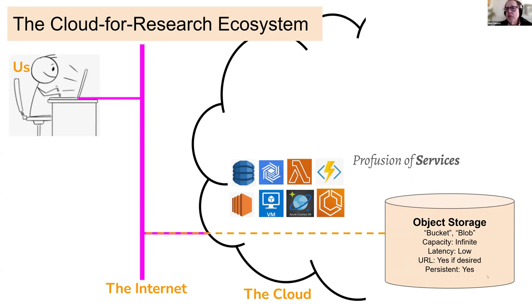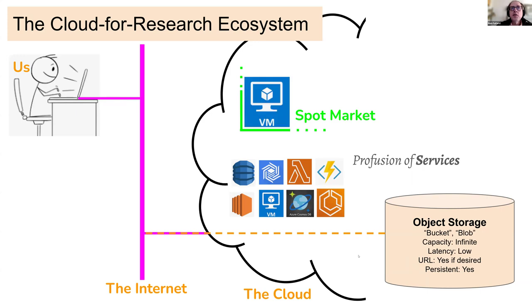And object storage is not associated with a particular virtual machine. So it persists on its own as a maintained system. And sometimes these are called buckets or blobs. Okay, so that's an important thing to keep in mind as one learns about the cloud, is what object storage is. And then there's also a little call out to the spot market, which I mentioned earlier, which is a whole lot of virtual machines available at a drastically reduced rate.